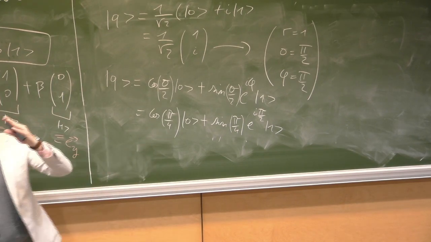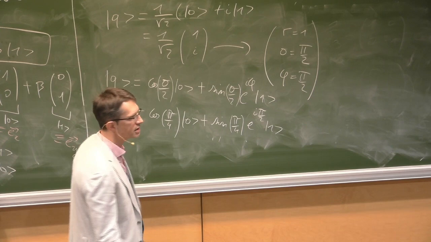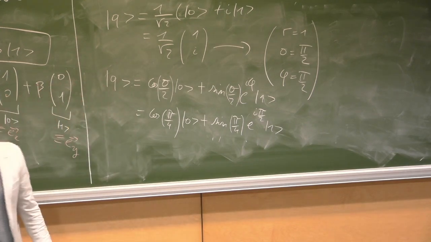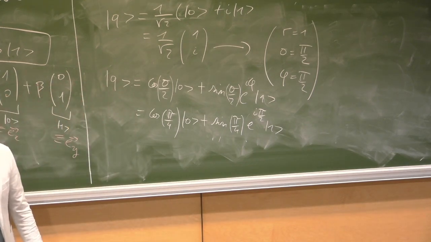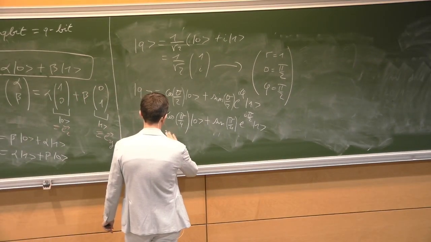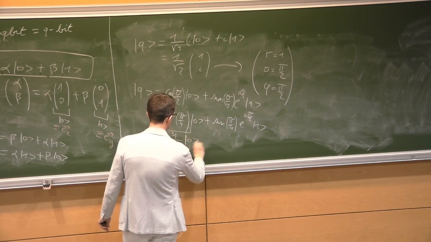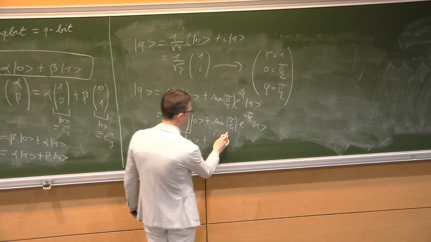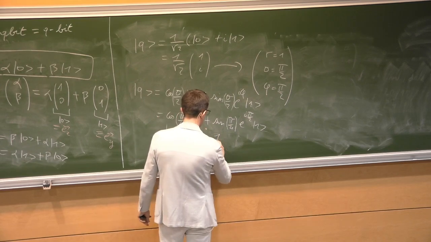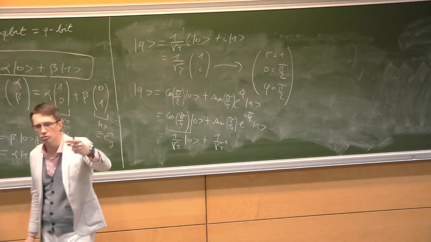So pi over 4 is 45 degrees, and cos and sine of 45 degrees are square root of 2 over 2, or 1 over square root of 2. So this is 1 over square root of 2, 0, plus also 1 over square root of 2 times exponential i pi over 2.